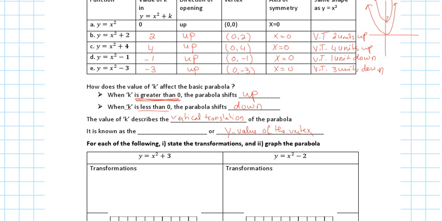So remember that if I have my vertex here, this here is my optimal value. So whatever the y value is here, that's my optimal value.